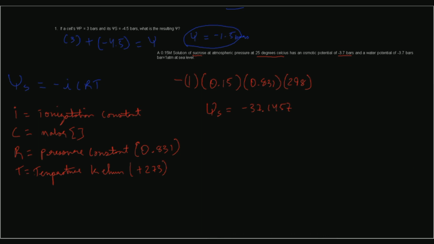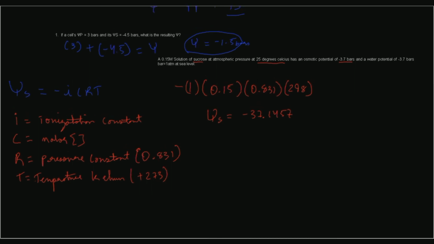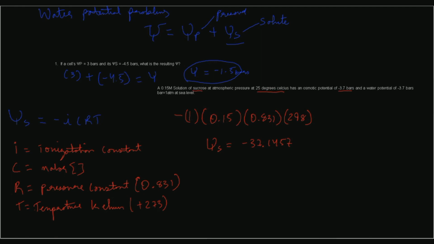Okay. So again, we have to plug this into that formula. So the water potential would be negative 3.7, and that's equal to the pressure potential plus negative 37.1457. Then this is basic algebra.